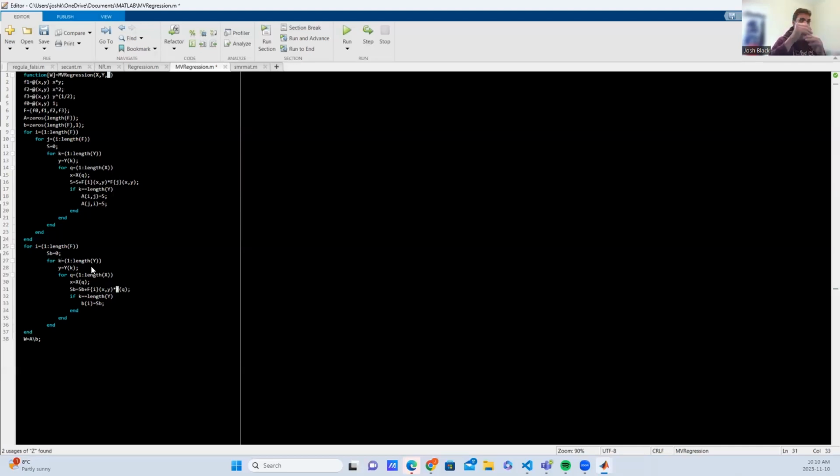Since our z value is the same length as our x and as our y, we can do z at the q index, the same index as our x. From there, if k is equal to the length of y, then we update our b matrix. And we solve for w. That's it.